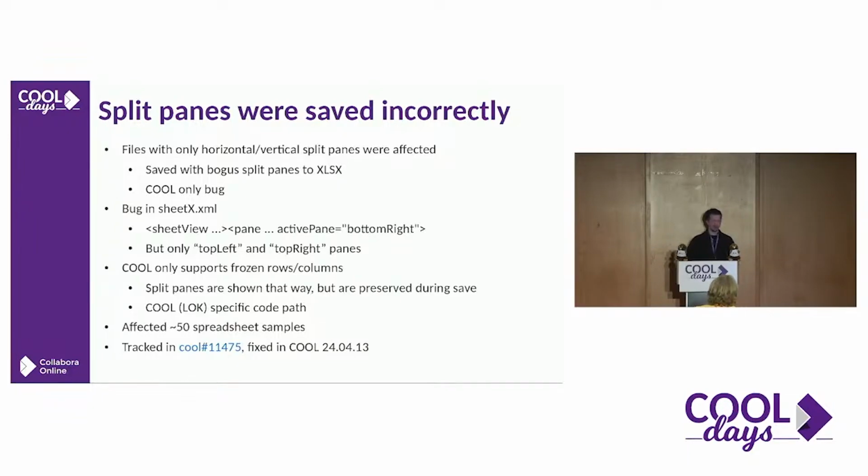This happened because Collabora Online only supports frozen rows and columns, and split panes are handled as a special case. They're shown as frozen rows and columns, but are preserved during save. This affected a couple dozen samples, and it was also fixed in a recent update.